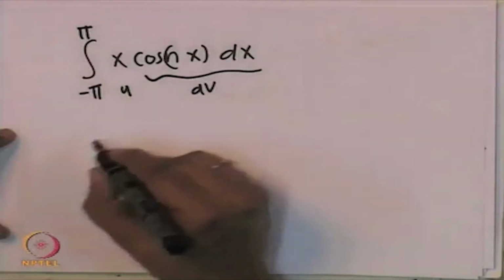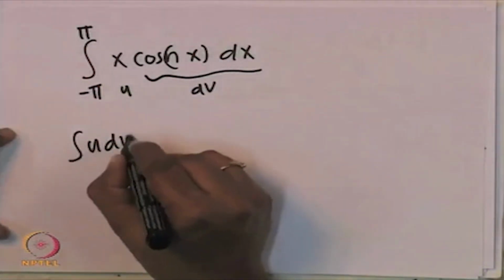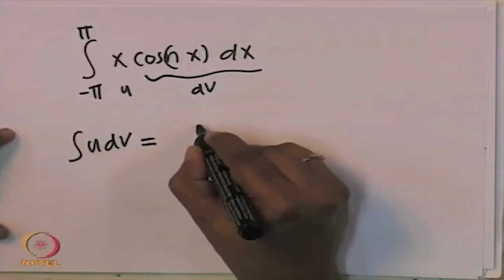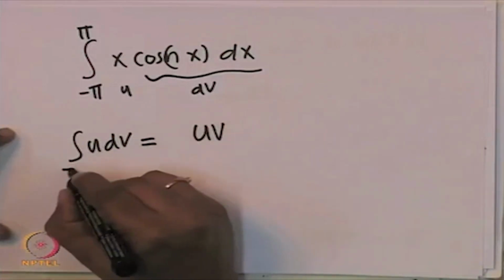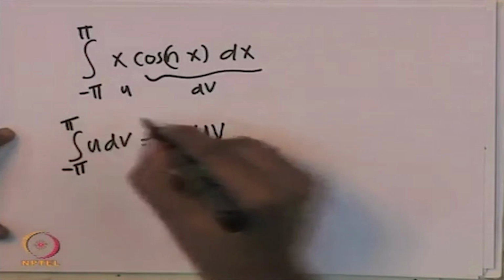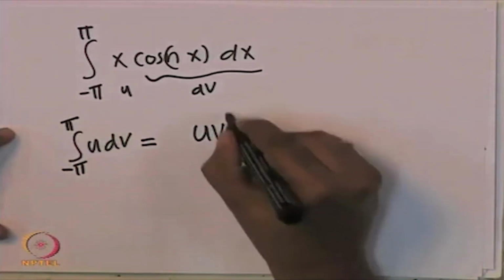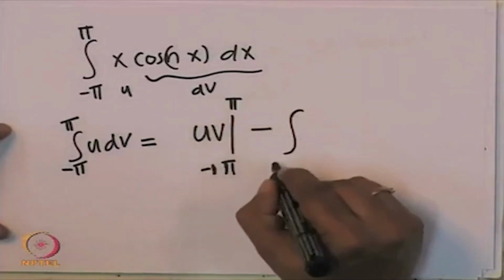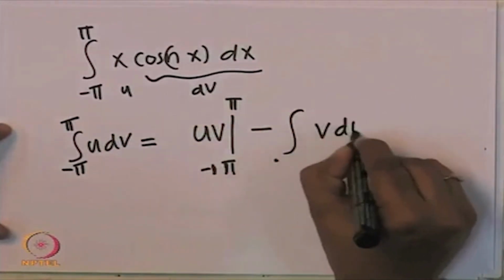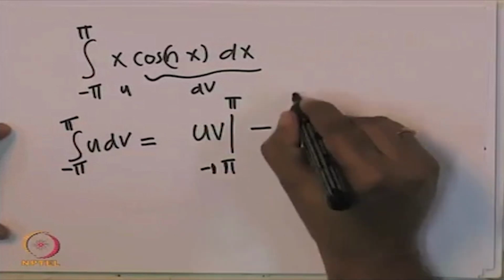We saw that the integral of u dv can be written as u v in the limits minus pi to plus pi, minus the integral of v du from minus pi to plus pi.